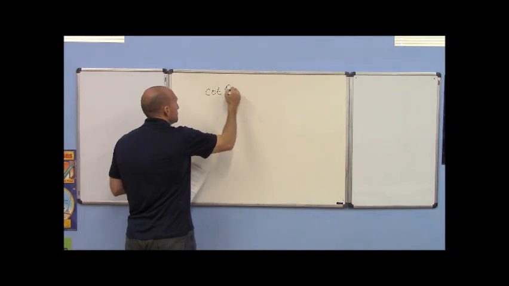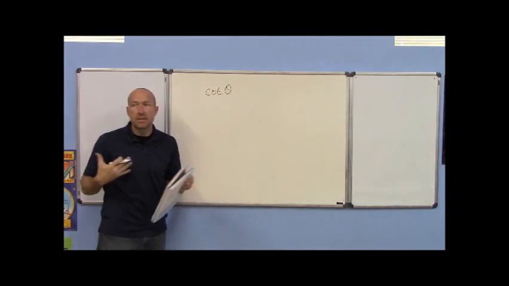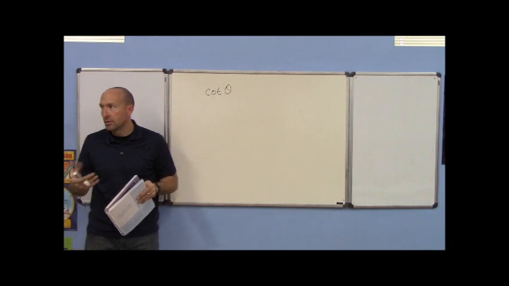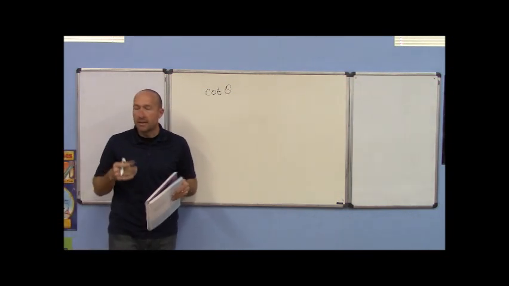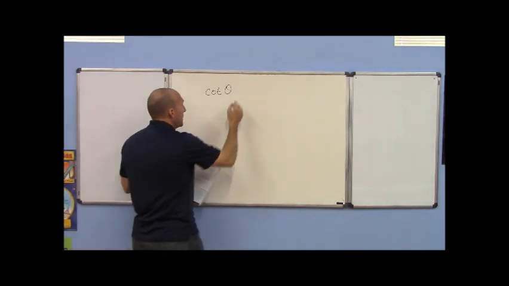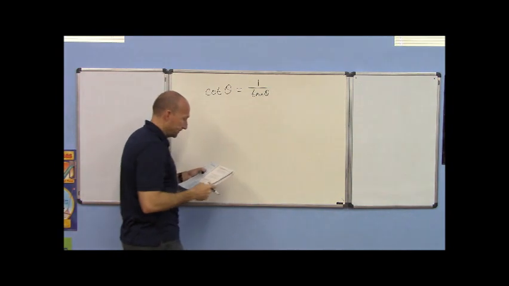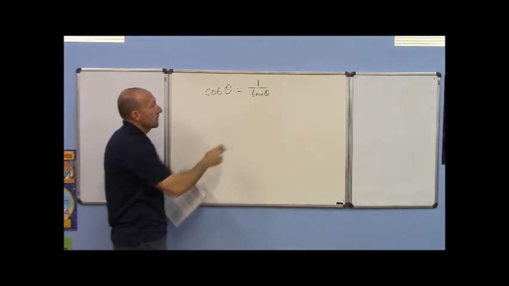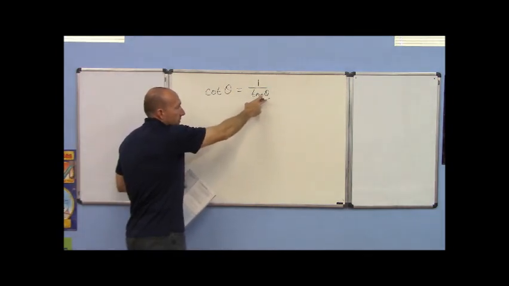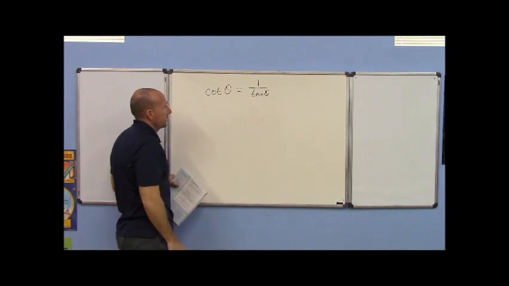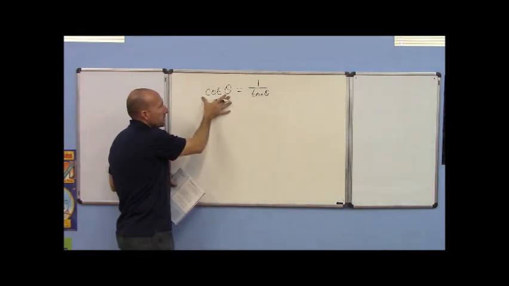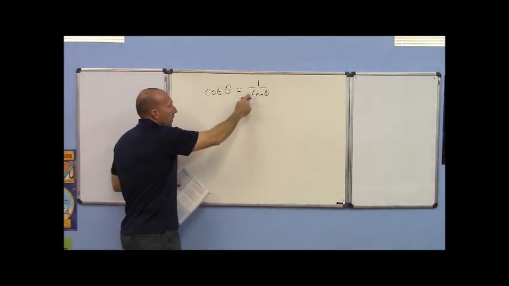Cotangent of theta, theta meaning an angle measure we're going to be identifying, equals 1 over the tangent of theta, where theta is not equal to 0, by definition.